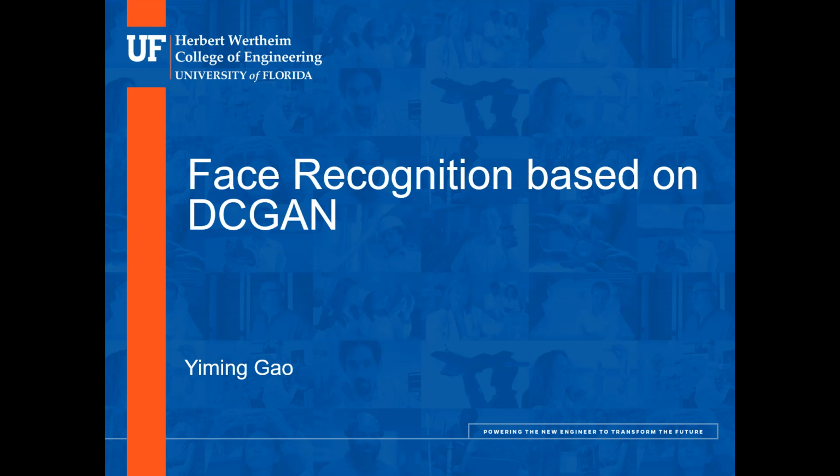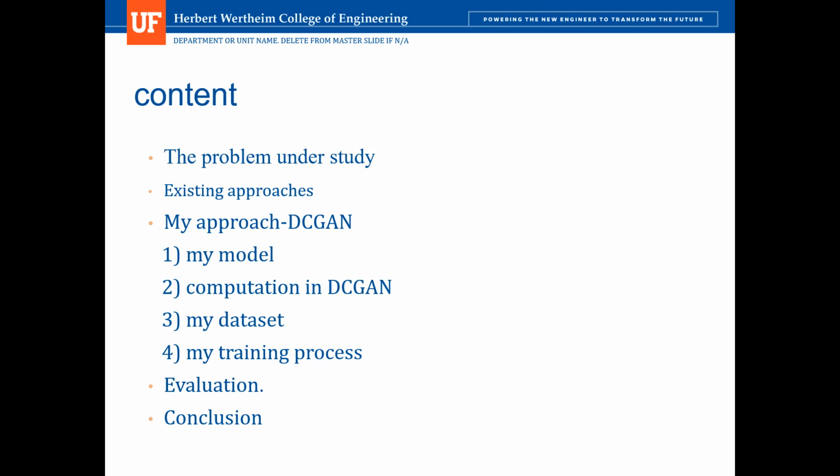My project subject is face recognition based on DCGAN. Here is the content of my PPT. I will introduce the problem I studied and existing approaches for solving face recognition, and I will introduce my approach, my DCGAN.